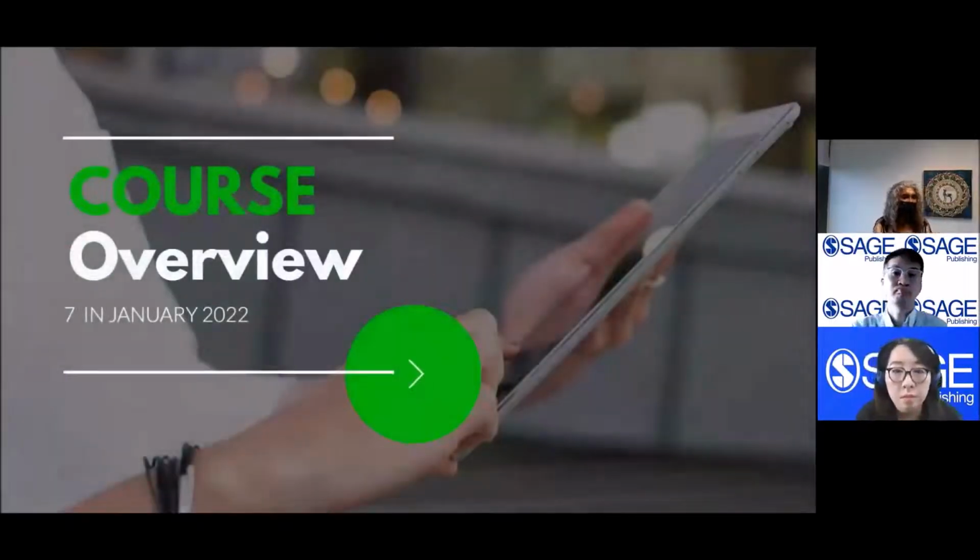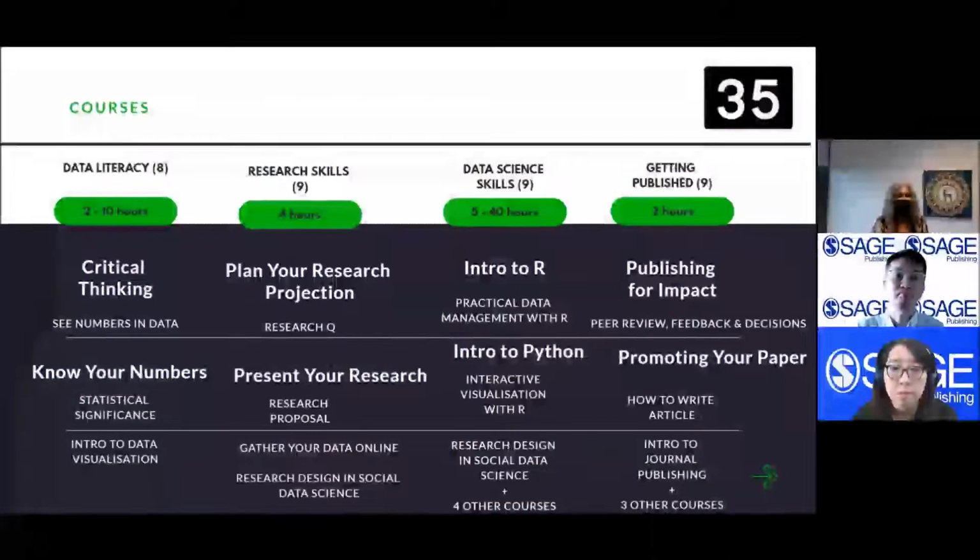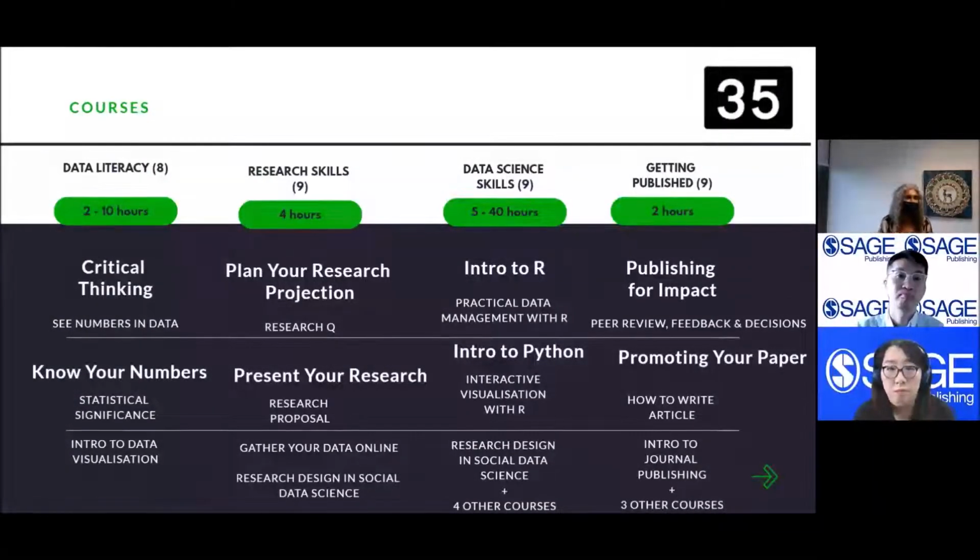So let's look at the course overview that we have. This was deliberately designed in this fashion, right? We have 35 courses. In order to get your article published or your thesis prepared, you first need to understand the data. So we have 8 courses on data literacy, ranging from 2 to 10 hours.